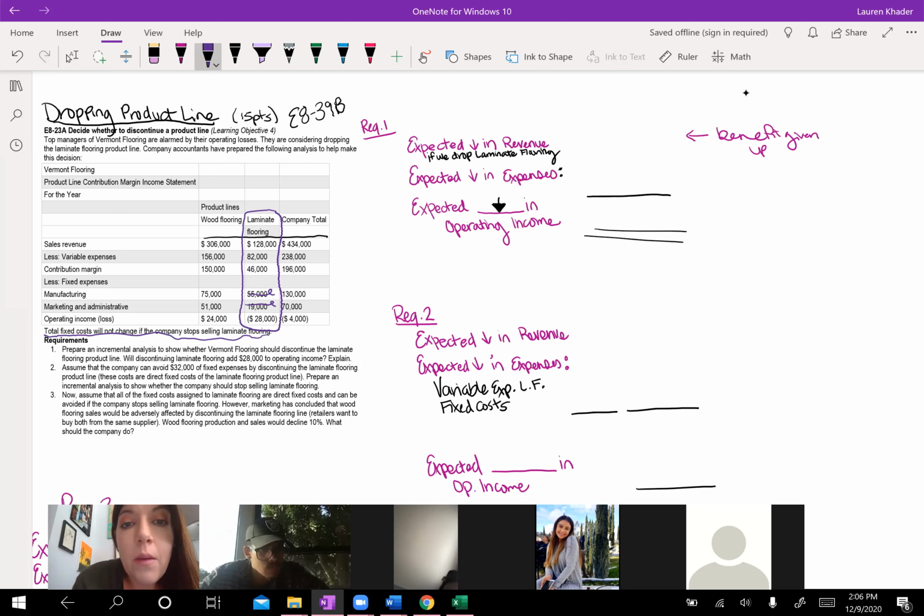So we're going to compare the benefit that they're giving up, the decrease in revenue. If we drop the laminate flooring, so 128,000 in revenue would be gone, compared to what their cost savings would be, which would be the variable expenses.